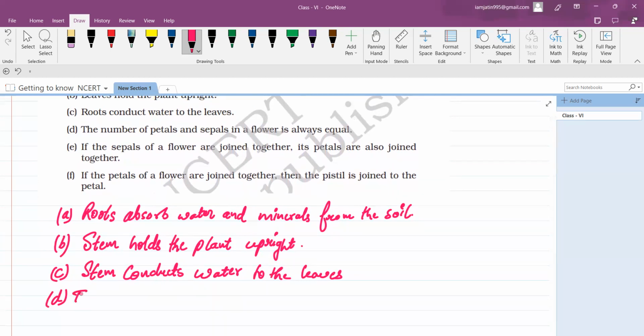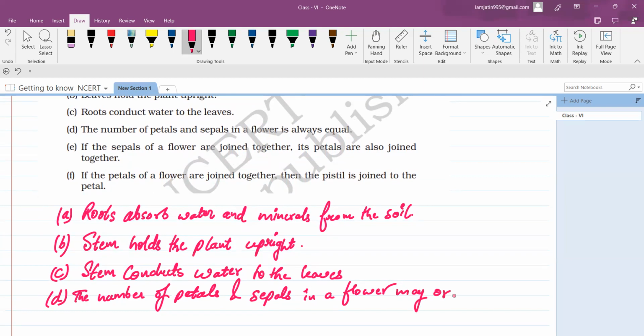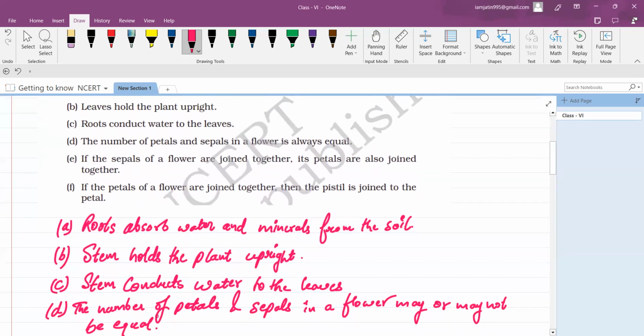So we can write that the number of petals and sepals in a flower may or may not be equal. Okay, so this is the statement D.